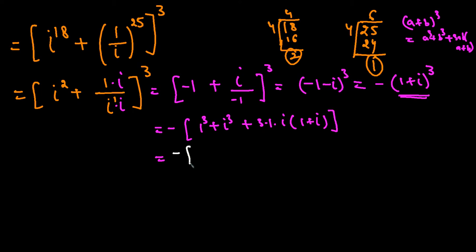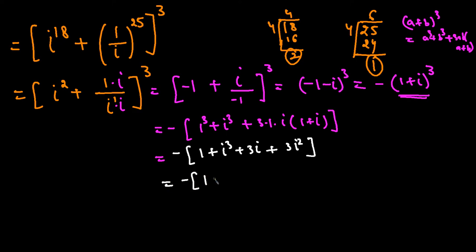So let's rewrite it again. So -1, so 1 cube is 1. Let's keep this as iota cube. So 3 iota times 1 gives me 3 iota. So 3 iota into iota gives me 3 iota square. Alright, so let's rewrite this again. So this iota cube is basically negative iota. We wrote it in the previous slide.